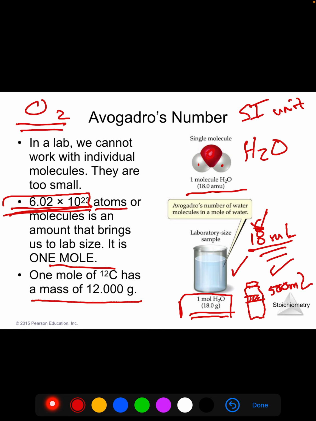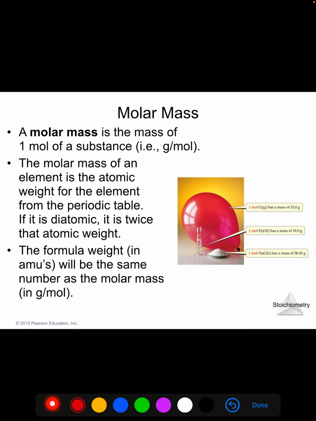And there's something very unique about those values in both the periodic table for average atomic mass and our formula weights. And that is, instead of using AMUs, we can write them as grams per mole. Grams per mole. So let's move on. The molar mass of 1 mole of any substance we report in grams per mole.